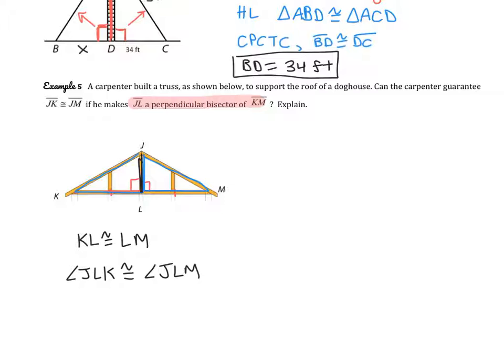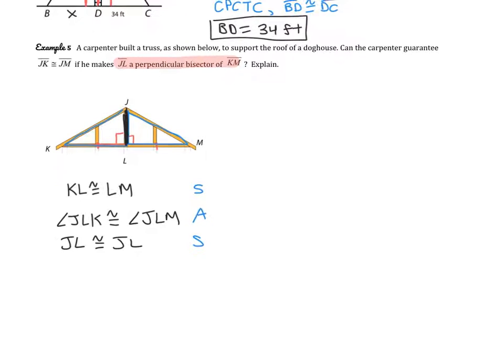And this leg is part of both triangles, so JL is congruent to itself. That gives us side, angle, side. So thanks to side, angle, side congruence, triangle JLK is congruent to triangle JLM.